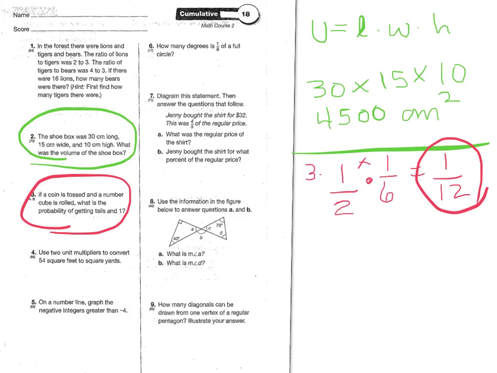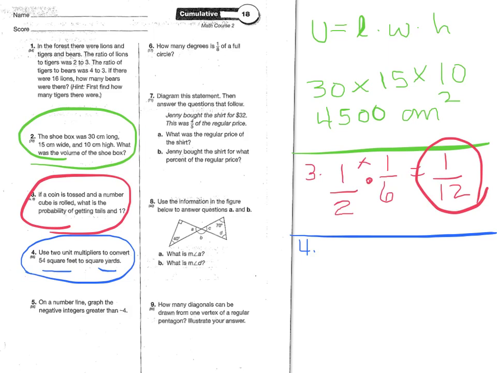Now, number 4 says use 2 unit multipliers to convert 54 square feet to square yards. And I actually put an example of this one on the board yesterday. People didn't notice it, and so it's one of those things you have to pay attention to. 2 unit multipliers, square feet to square yards. We're going to yards, we're starting with feet.